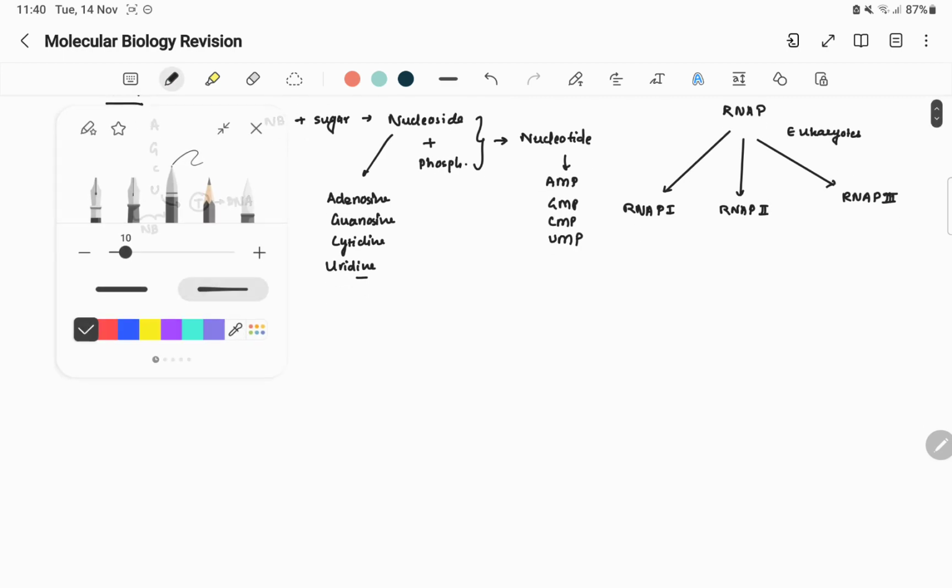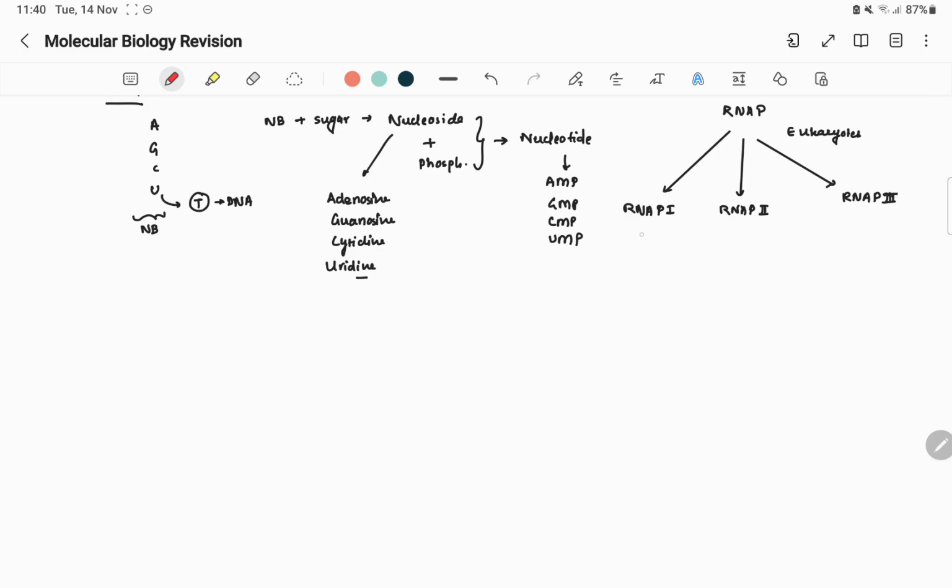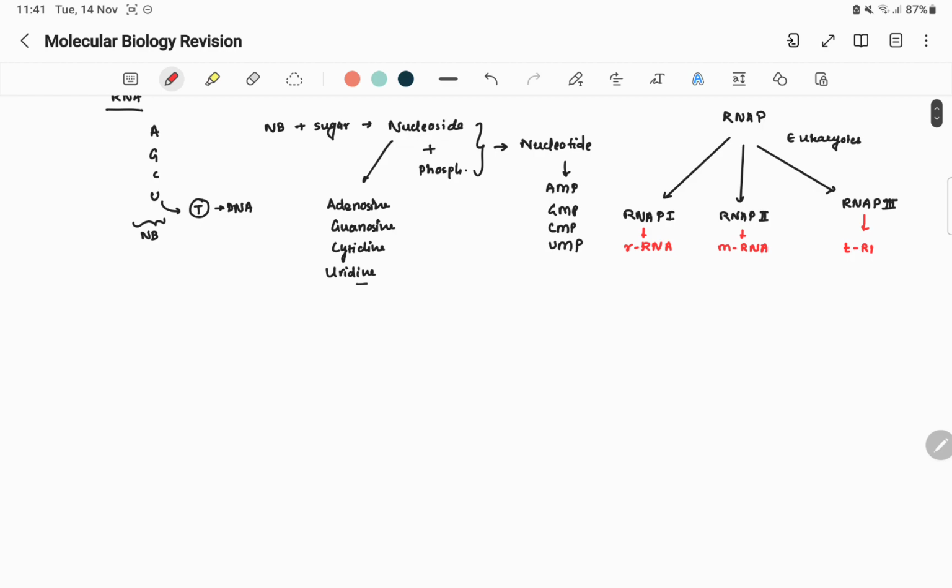RNA polymerase 1 codes for rRNA, this one codes for your mRNA, this one for your tRNA. RNA polymerase 1 codes for the 5.8S, 18S, and 28S rRNA. RNA polymerase 2 codes for mRNA as well as snRNA, and 3 codes for tRNA and 5S RNA.